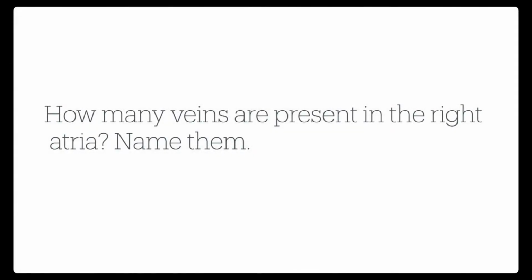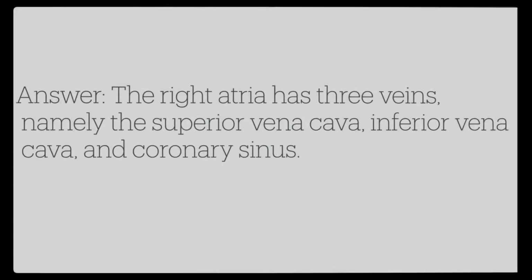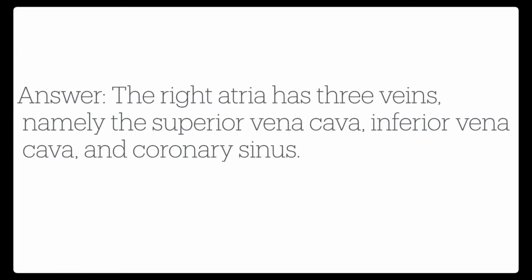How many veins are present in the right atrium? And name them. That's a good one, huh? That's right. The right atria has three veins: the superior vena cava, inferior vena cava, and coronary sinus.